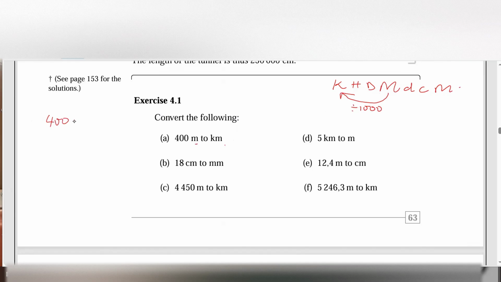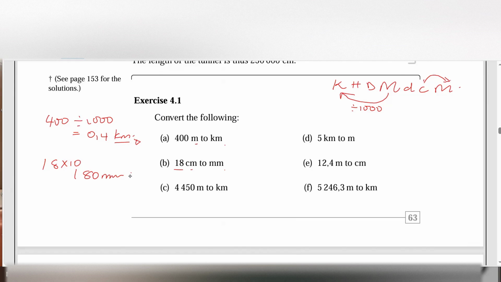So 400 divided by 1,000 becomes 0.4 kilometers. And you look at B, 18 centimeters to millimeters. Centimeters to millimeters, we are going from a big unit to a small unit. So it's going to be 18 times 10, which gives us 180 millimeters.